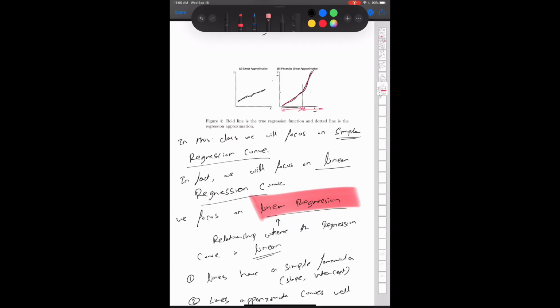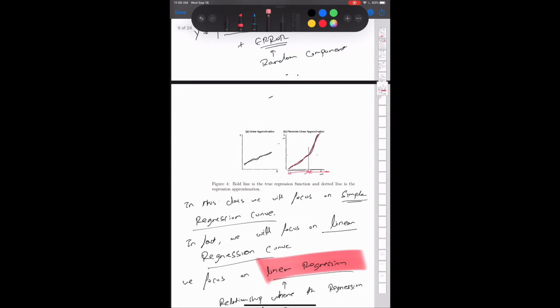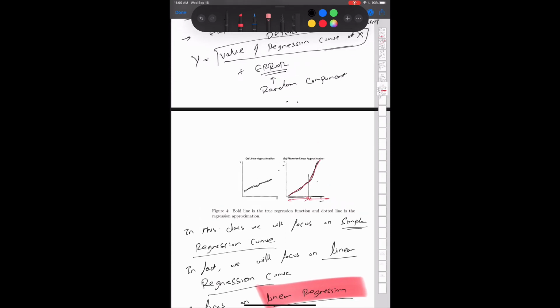So if I wanted to study the relationship between the blood alcohol content of a person, I can use the number of beers they had, but I can also use their weight, their age, and their sex to understand the blood alcohol content better, right?